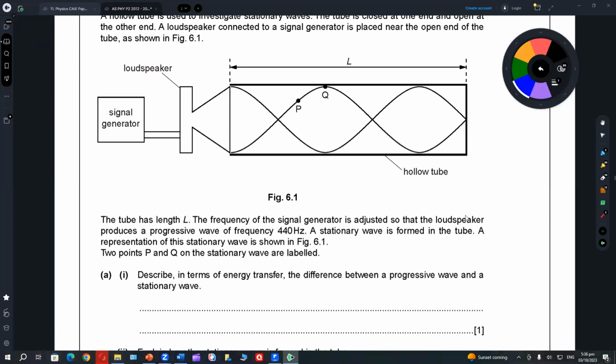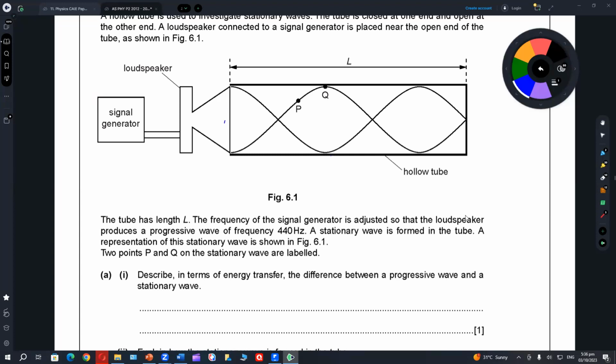Describe in terms of energy transfer the difference between a progressive and a stationary wave. So a progressive wave transfers energy, but stationary waves don't. Right, good. So should I say, where is the node actually? What is a node?